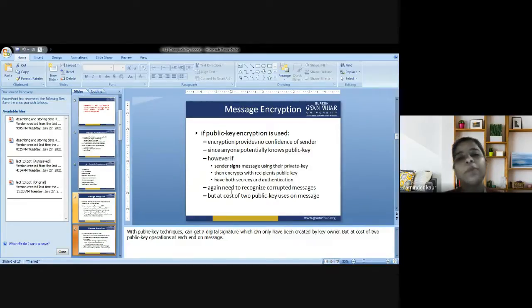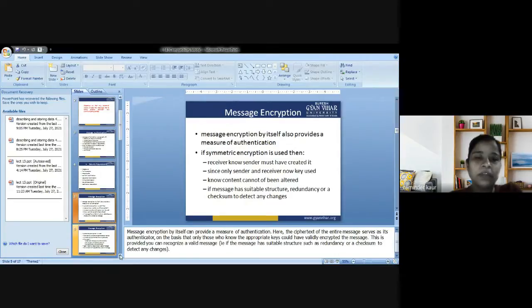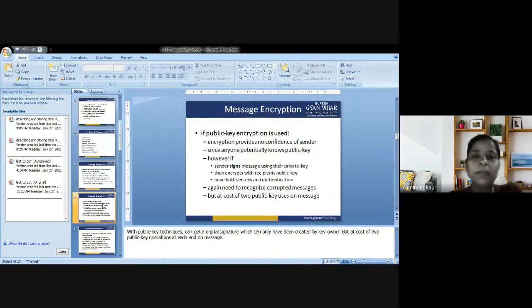Again, we are supposed to recognize corrupted messages, but at the cost of two public key uses on the message, because one is used for encryption and one is used for decryption. Now we have switched to public key encryption, in which two keys are used. So that is the term associated with message encryption and how we can perform it.